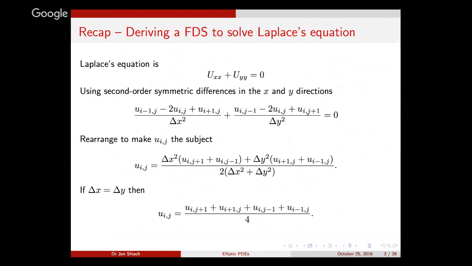If I take the finite difference in the x direction, notice the j indices don't change, because remember, y is fixed when we're taking the partial derivative with respect to x. This first fraction is the finite difference approximation of uxx, and the second fraction is the finite difference approximation of uyy.